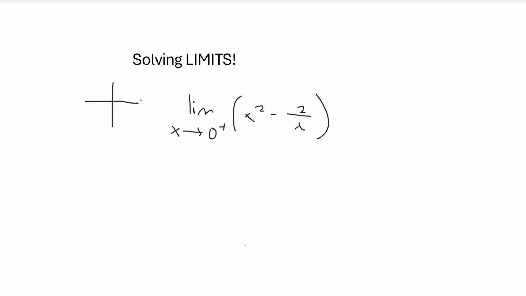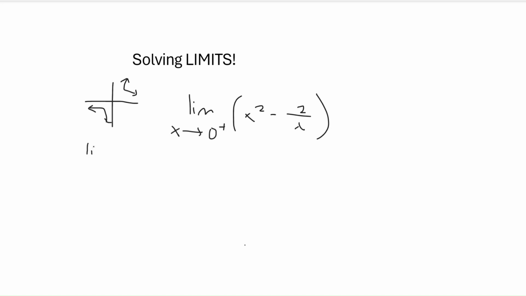So let's, on the side, ask what this would be if it was just 2 over x. Remember that's basically like 1 over x, we're just adding a coefficient. Okay, so 1 over x would look something like this. And we're looking from 0, so right here, from the right. So from the right would be here, and we'll be going off to positive infinity, up, up, up. So what we want to do now is we'll break it up.